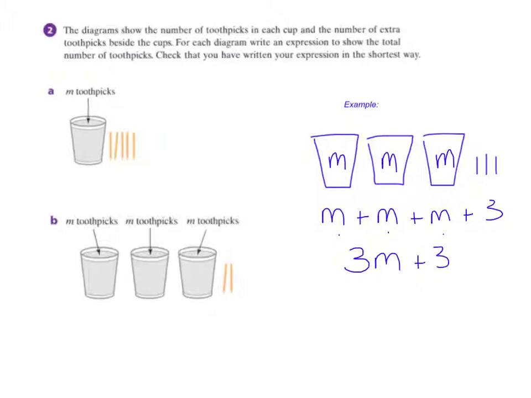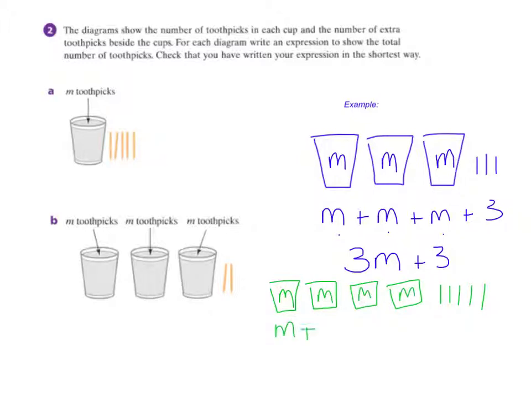So it's easy. I'm going to do another example down here. So if I do it in green, here's my cups. And I'll do 1, 2 on the end. Maybe I'll do a few more. So I know I've got M in that cup, M in that cup, M in that cup, M in that cup. So what have I got?